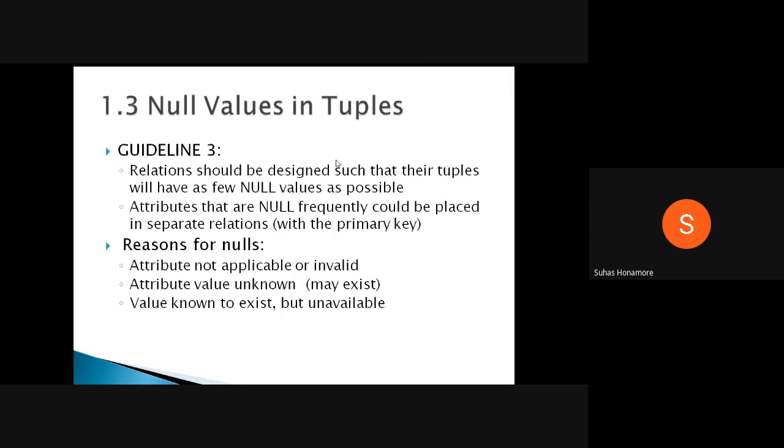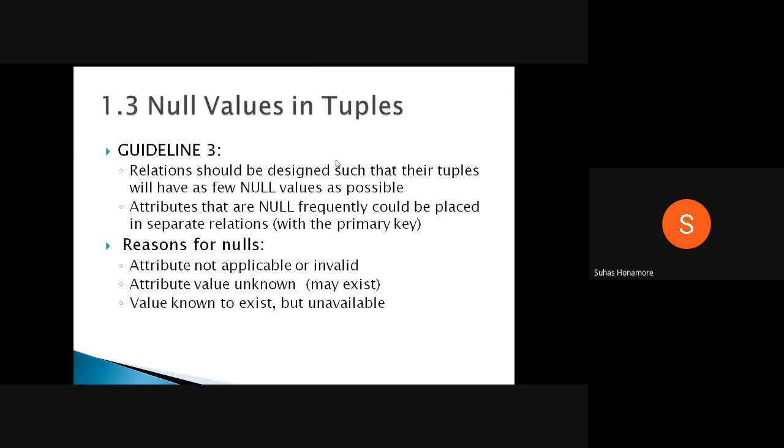Sometimes attributes may take only null values by default, because maybe we don't know the value; it is an unknown value. I think we already studied null. Sometimes we have to allow it, but in very rare cases it is accepted. Most of the time you should not have null values in your database.